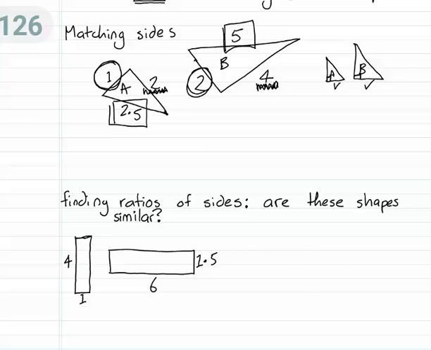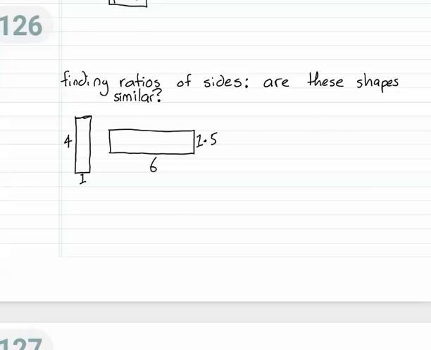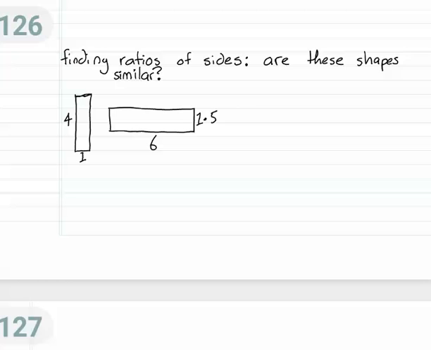Now we said that ratios of matching sides are equal. It's easy to look at angles and see if they are equal. Okay, they're both 90 degrees or something. And that's what we've got in here. We've got rectangles. All the angles are 90 degrees. So all the angles are obviously equal.